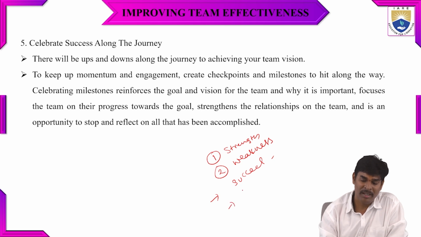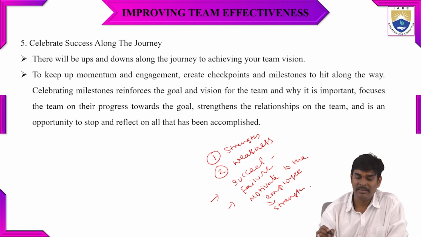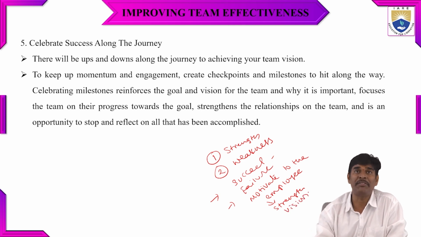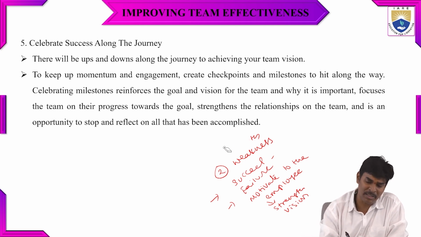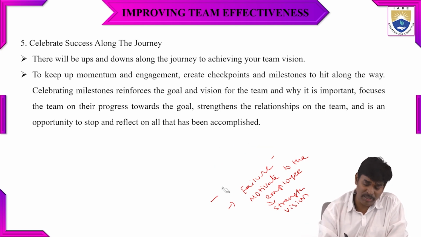If they get some failure, they need to motivate the employees. When they motivate them during failure, these employees will strengthen the vision, accomplish all the activities and gain profits in the future. These are the main criteria for gaining team effectiveness.